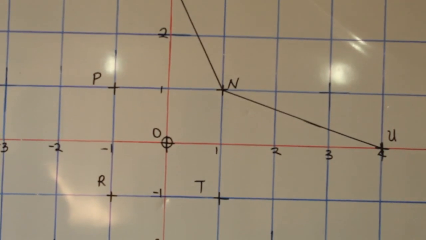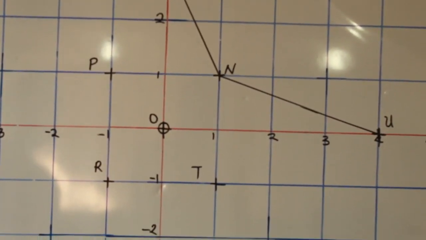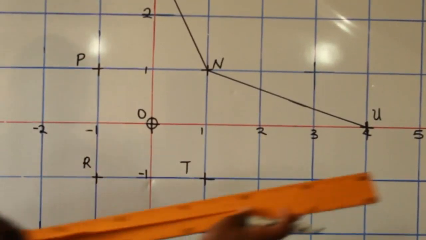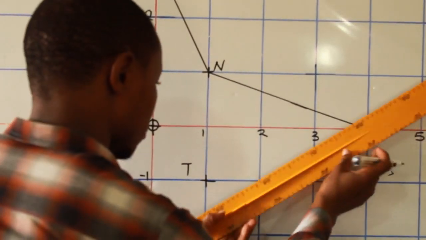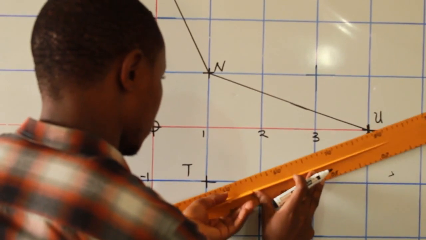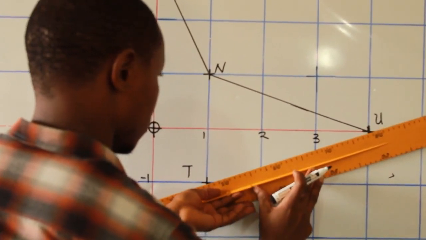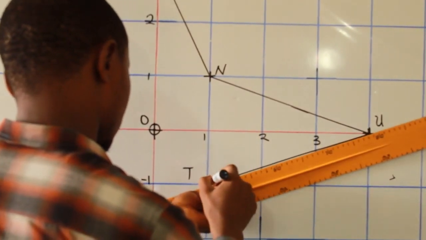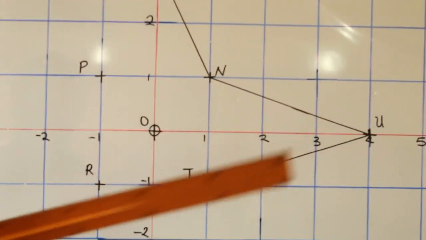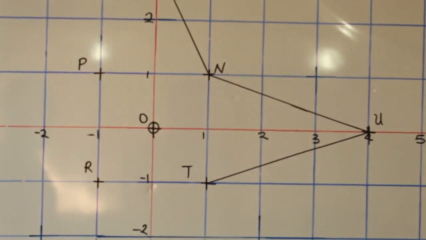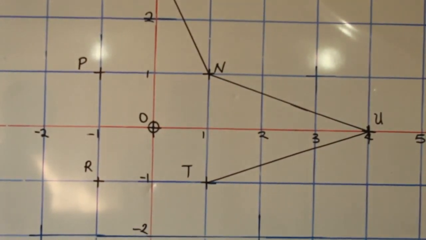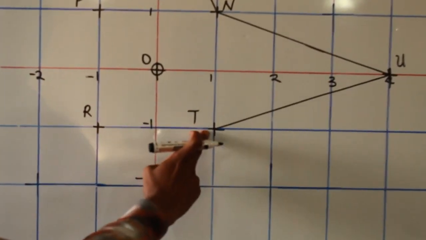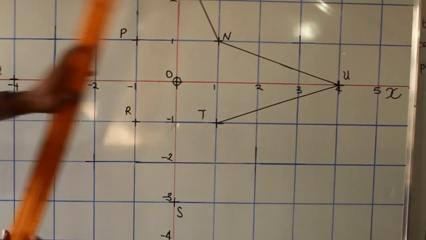The next is point U to point T. We join with a straight line. Point U to point T. And then from T, we join to S. T to S. So I'm joining that.